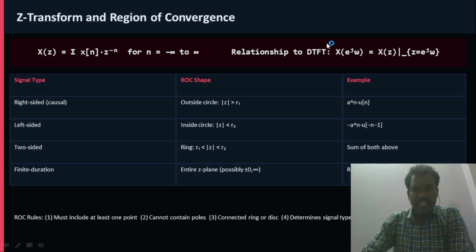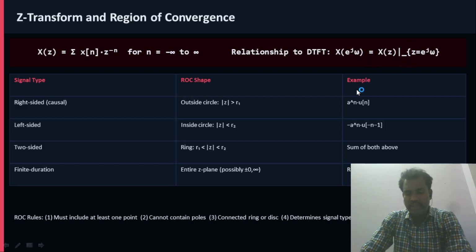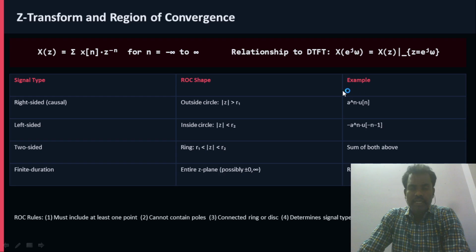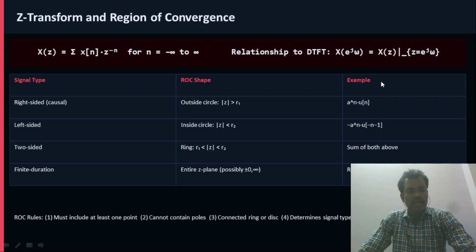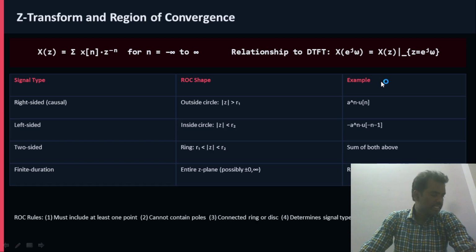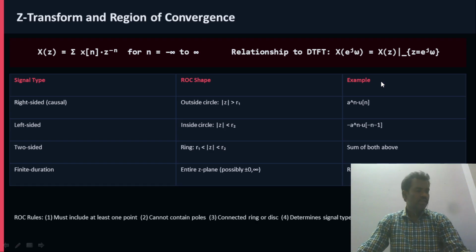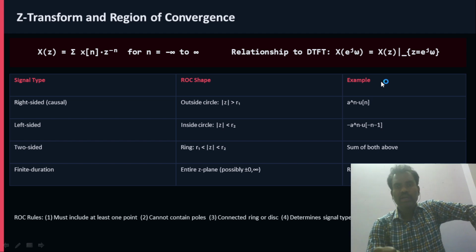So if the signal is not an energy signal, then the DTFT summation, sigma x of n into e power minus j omega, will become infinite. If x of n is not a bounded signal, not a finite energy signal, then it is not possible to find out the Fourier transform for this one.